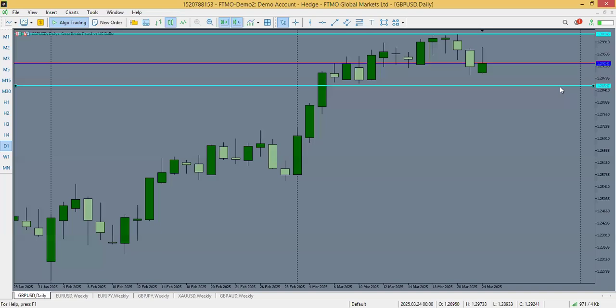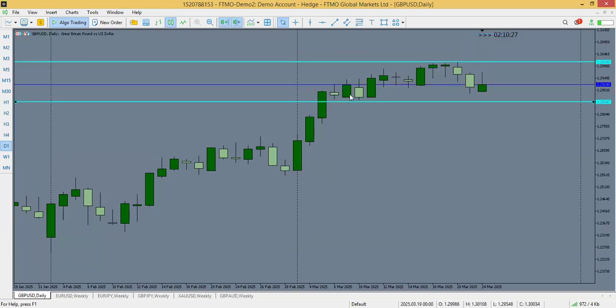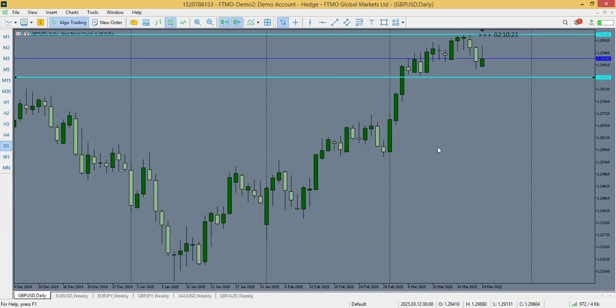So we go to the daily. Right now on the daily, what can we see? We see a similar thing happening. If I squash that in a bit more, you see price pushing up, pushing down.